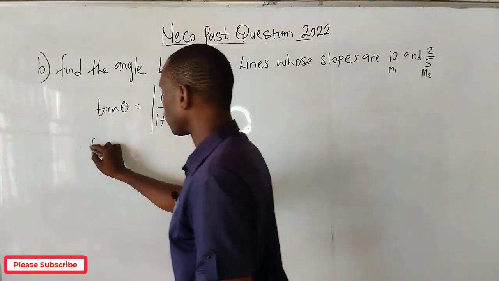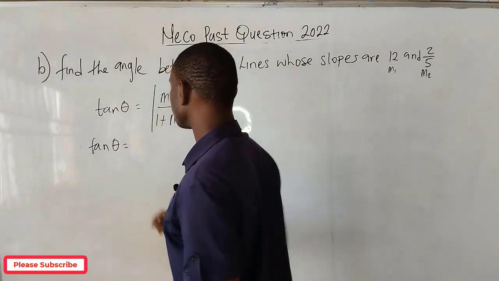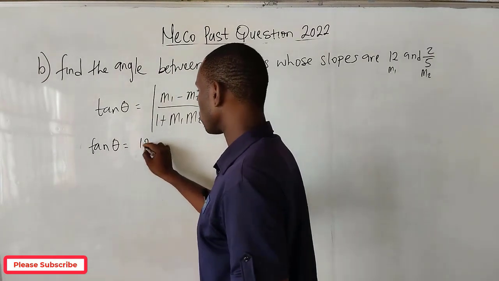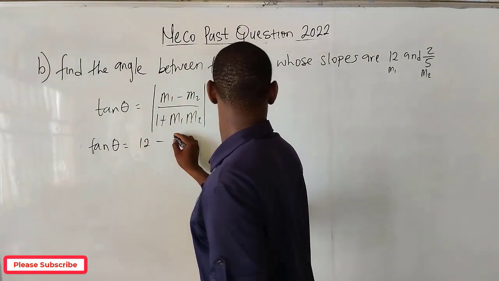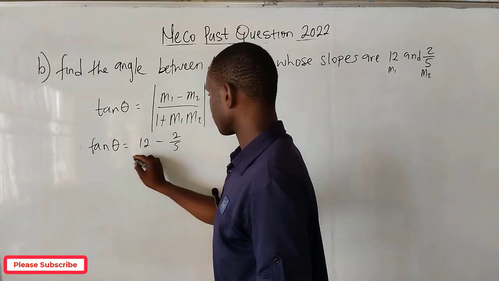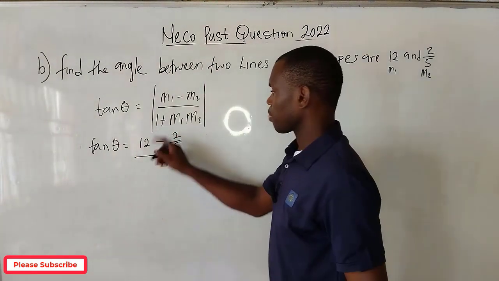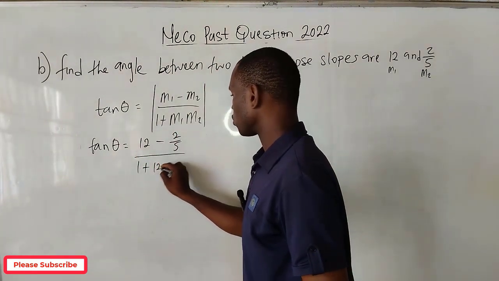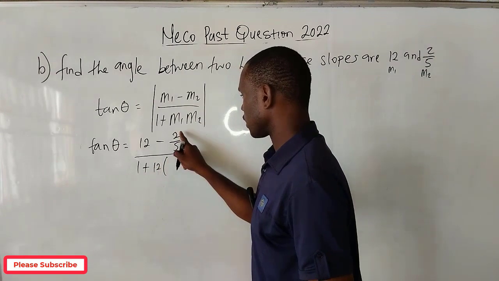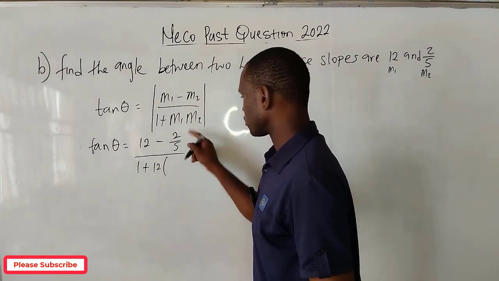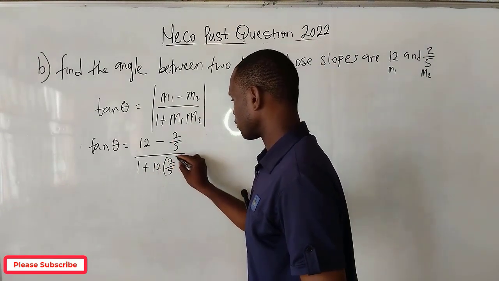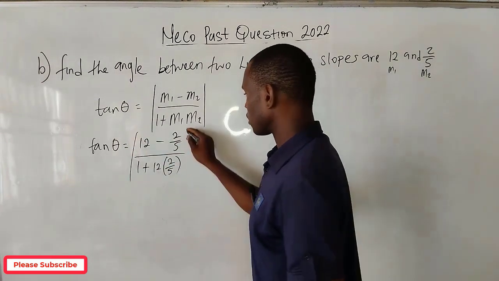Substitute it here. I will have tan theta equal to, my m1 is 12 minus 2/5, over 1 plus 12 times 2/5, okay? We call absolute value.